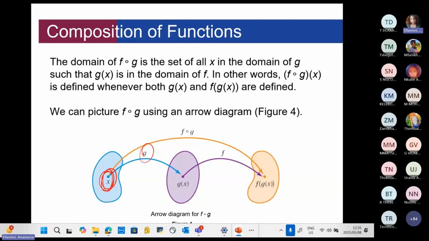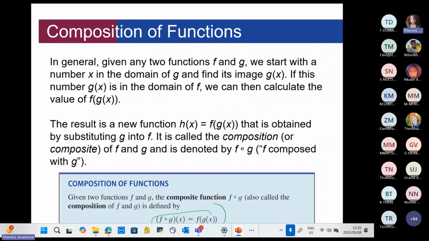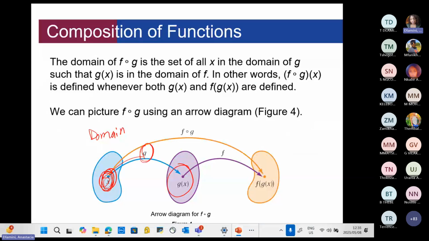So the domain of g is where you find all x values for which g is defined. You then substitute in g to get g of x. After finding g of x, which is the image, whatever numbers you get after substituting x into g are numbers in the domain of f.